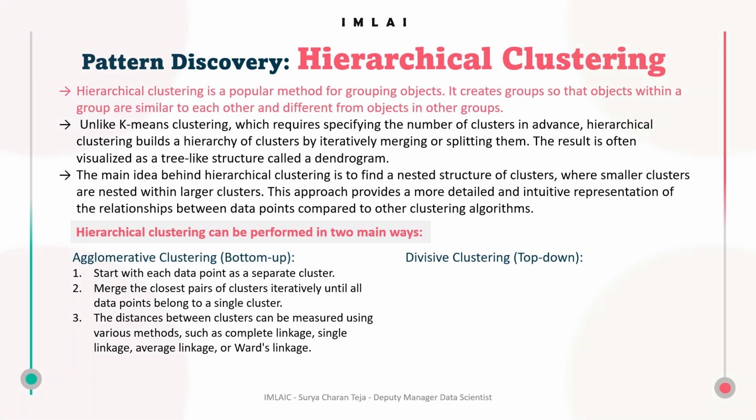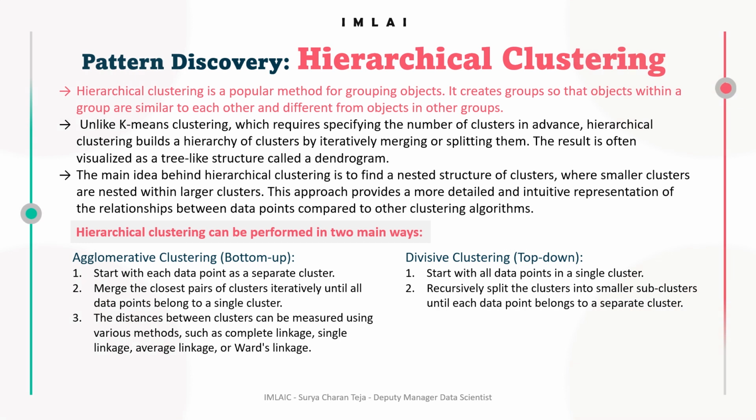The second way of achieving hierarchical clustering is divisive clustering, or top-down clustering. This starts with all data points in a single cluster, then recursively splits the clusters into smaller subclusters until each data point belongs to a separate cluster.